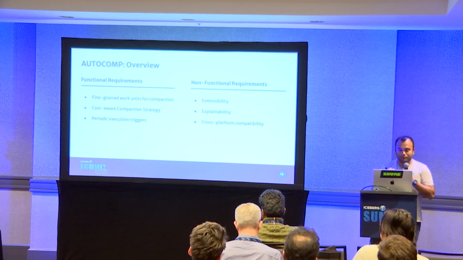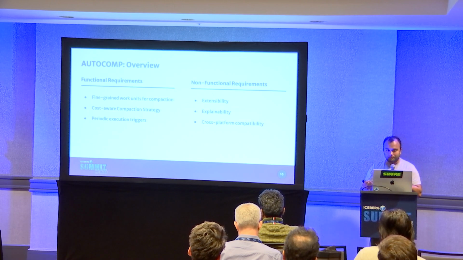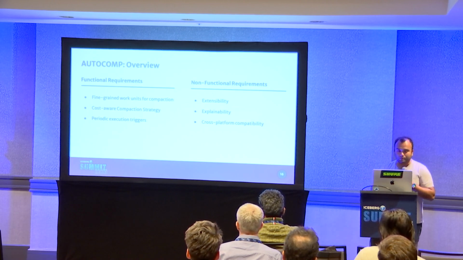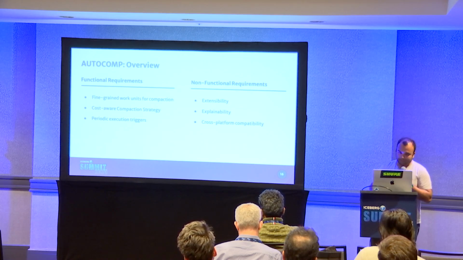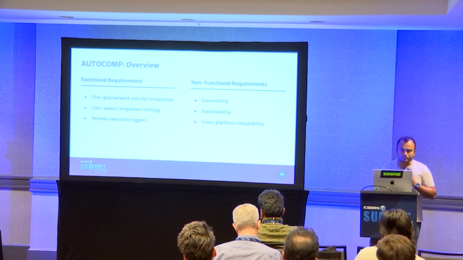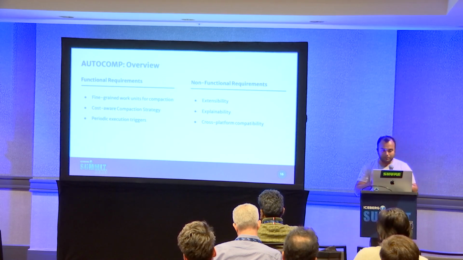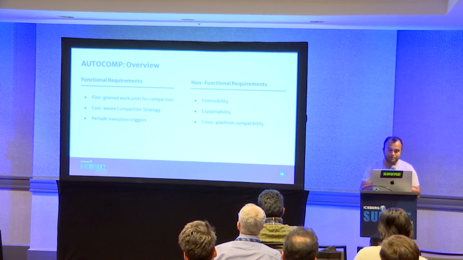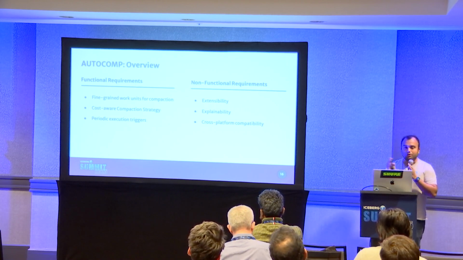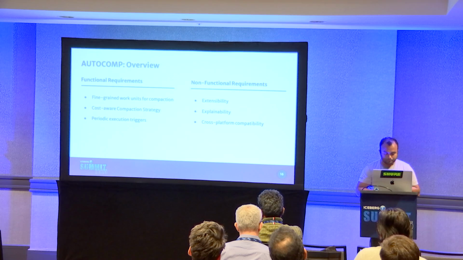We wanted to stay away from using ML to have that answer, because we wanted some kind of an explainability. And hence we just went with some simple optimization algorithms that we have implemented. And of course, we wanted to build this in a cross-platform compatible way so that it's not just specific to Openhouse catalog, but can work with any other Iceberg catalog.